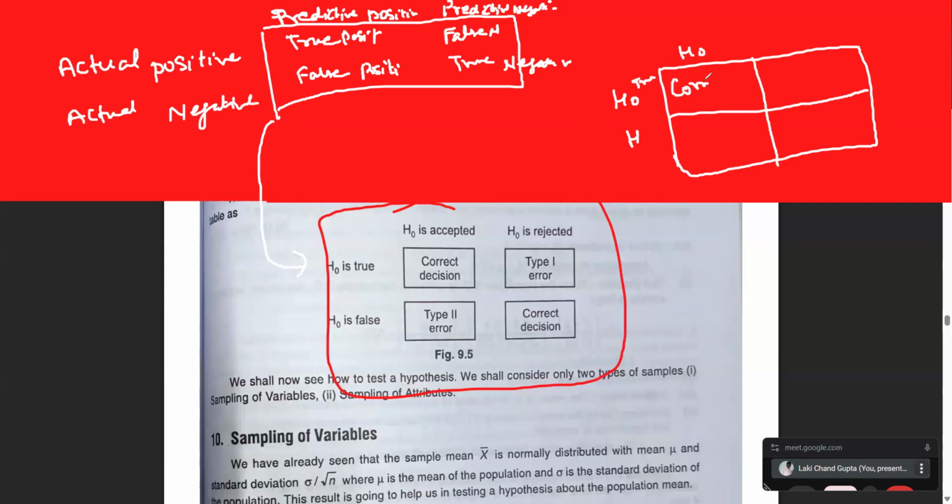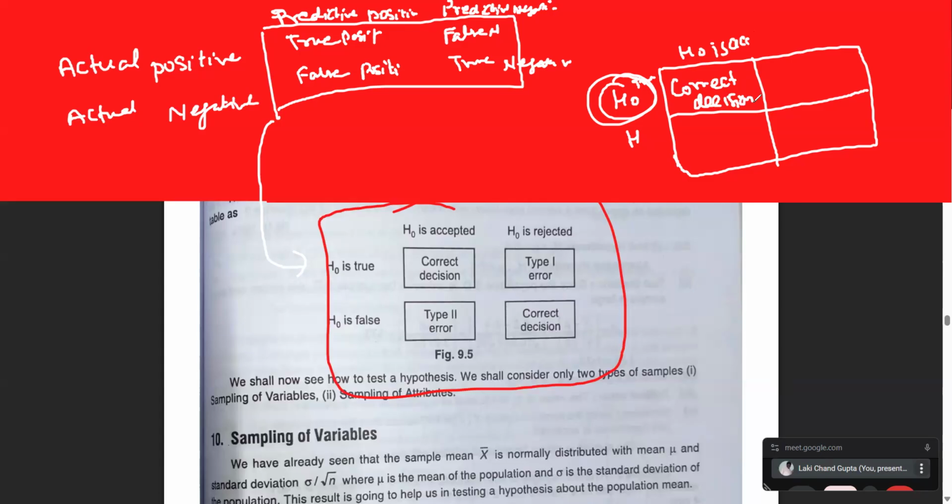Suppose you are guessing that today it may rain. Suppose you are guessing that today India can win, right? And it actually wins. Then your decision is correct, right?